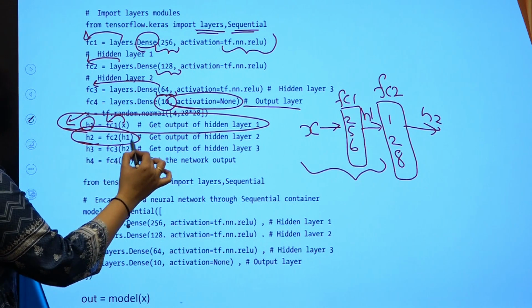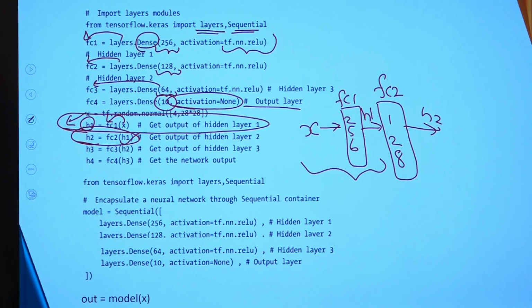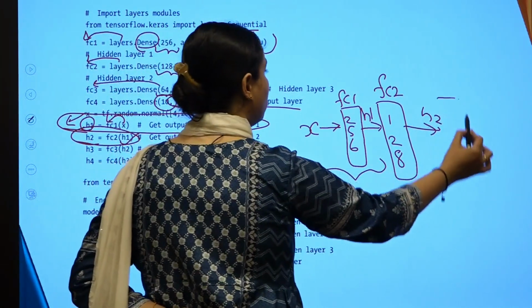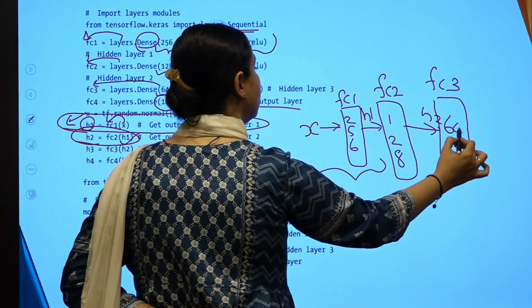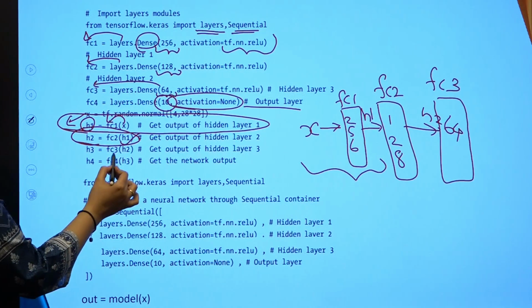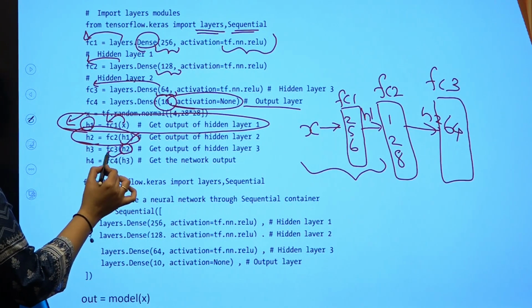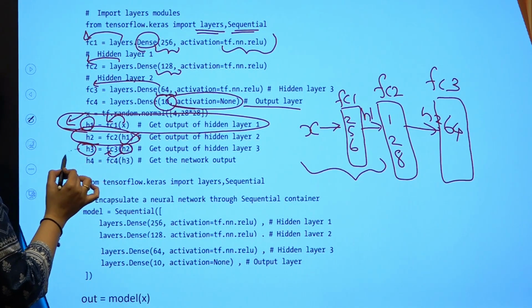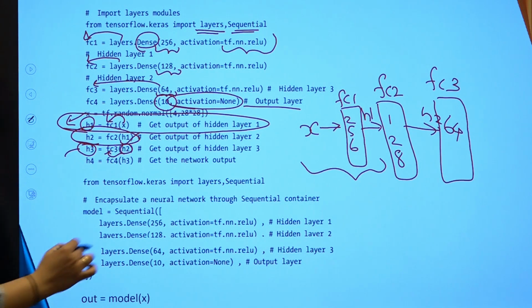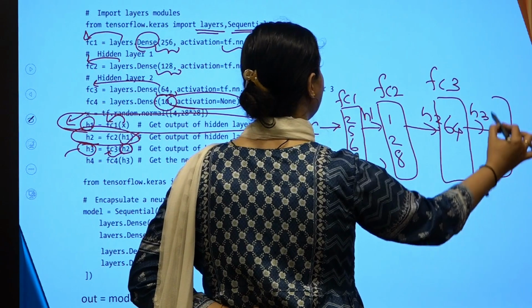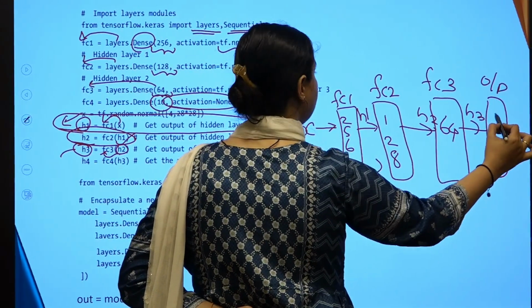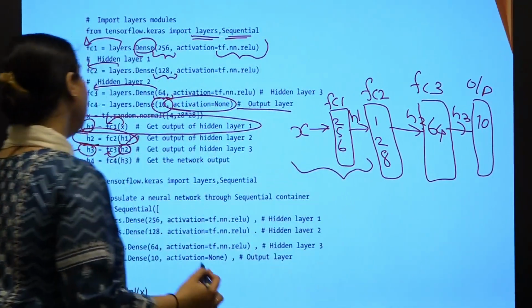You can see here I have used H1 as an input. Next, H2 is given to FC3, which has 64 nodes. I am taking H2, giving it to FC3, and storing the output as H3. Then the output H3 finally goes to my output layer, which has 10 nodes, right.